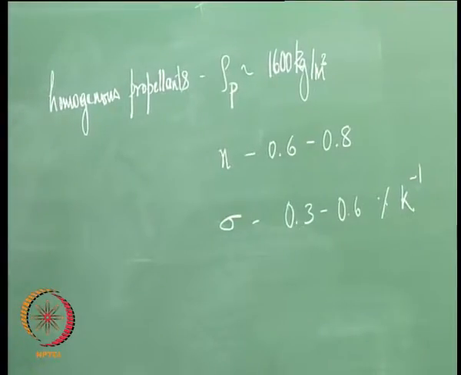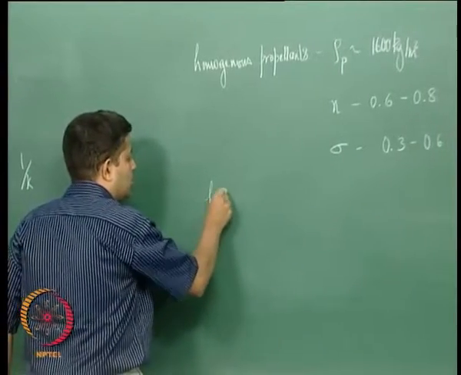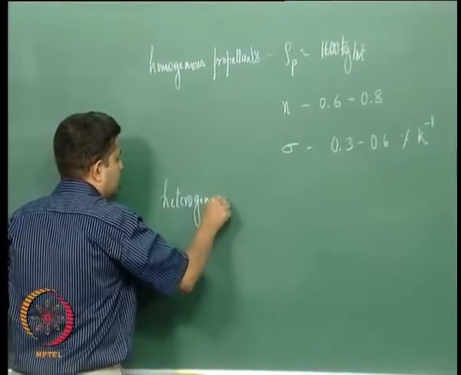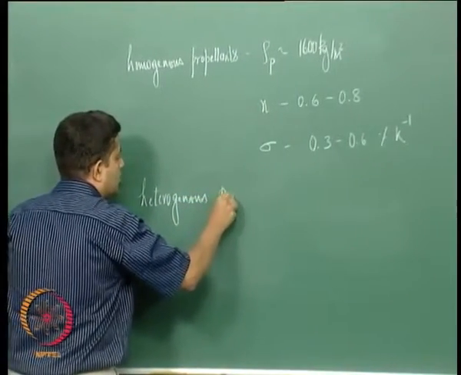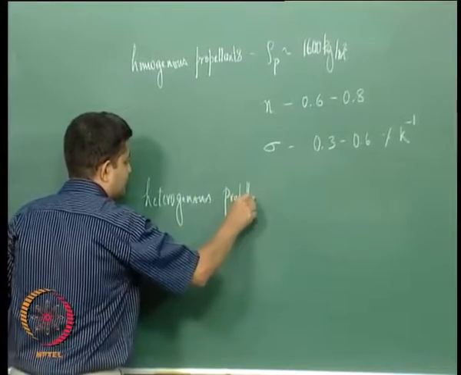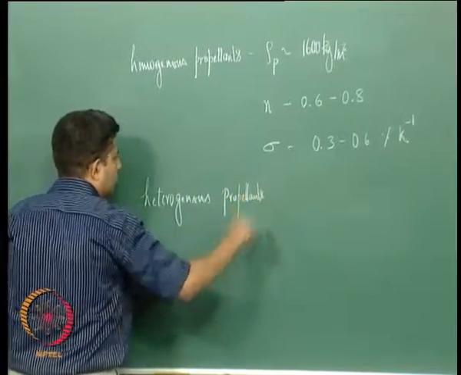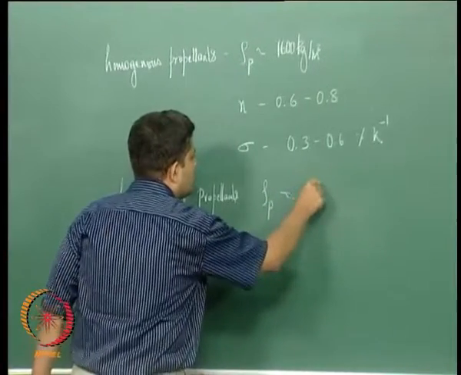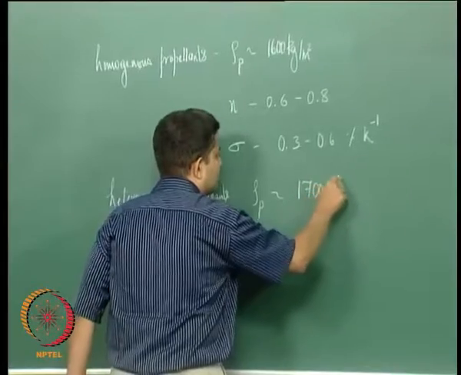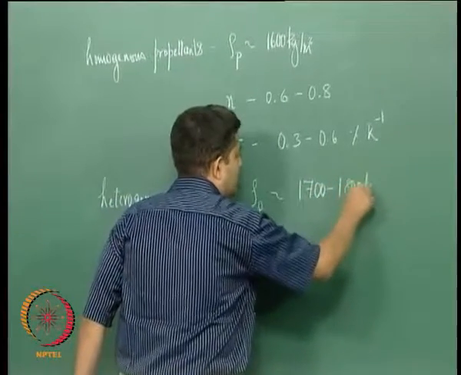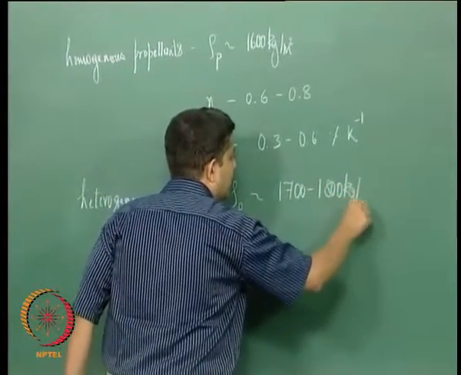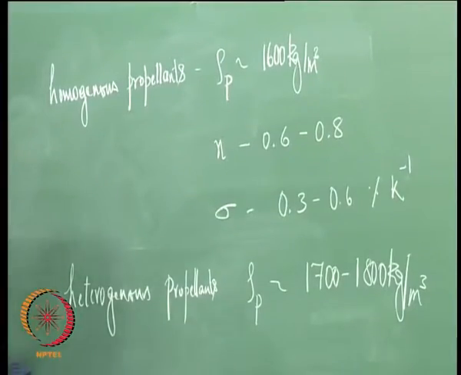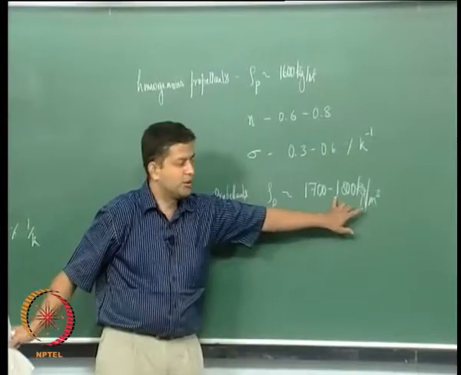And similarly, for heterogeneous propellants, the density is around 1700 to 1800 kg per meter cube, depending on the composition. If you have a highly aluminized propellant, it goes towards this end.